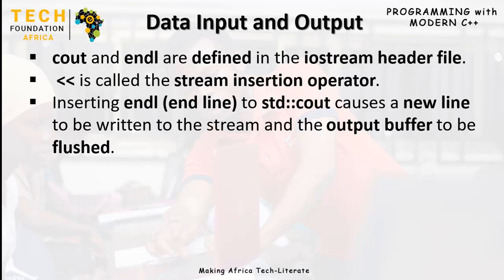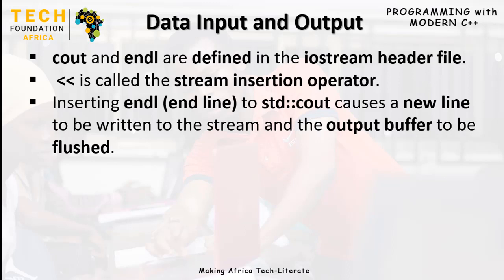So if we are printing things to the screen, and the cout comes across a new line, all that it will do is jump from the current line to the next line. That's the effect a new line or the endl has on the cout. Okay, it causes it to move to the next line on the screen, so that's why we call it new line.